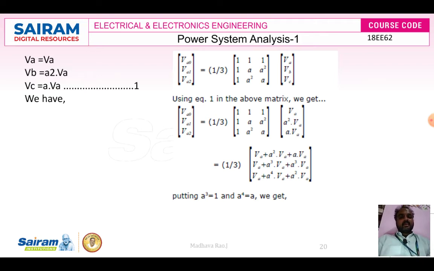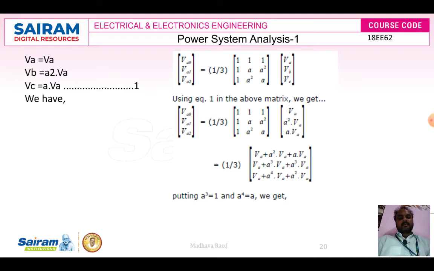Positive sequences are represented with suffix 1. So here we have sequence voltages VA0 zero sequence component, VA1 positive sequence component, VA2 negative sequence component, only at phase A.